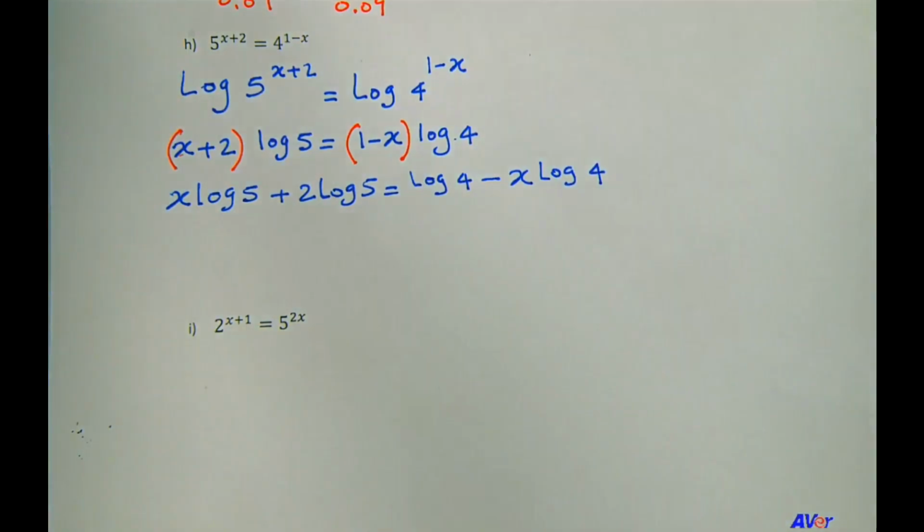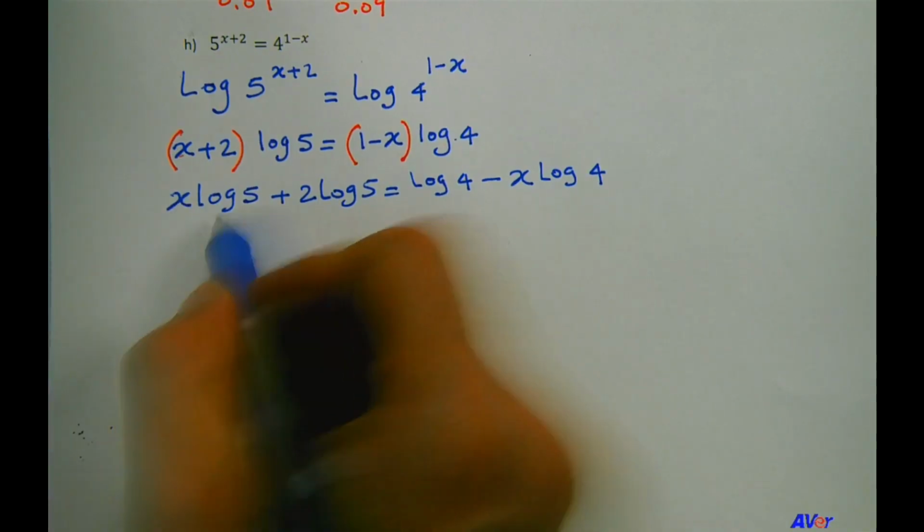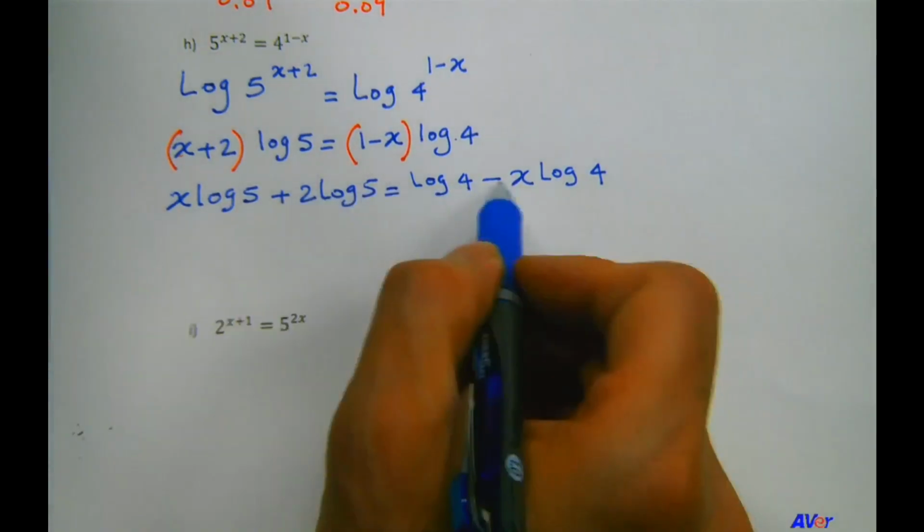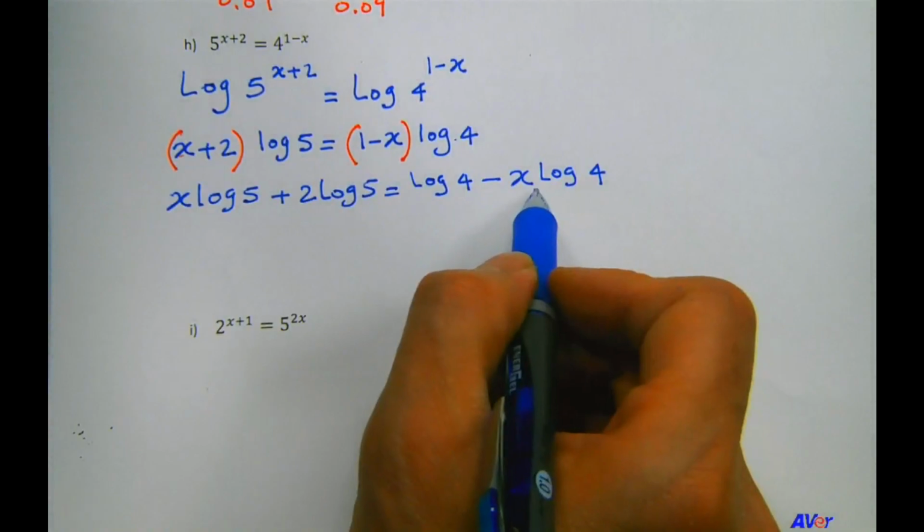Okay, so now we're solving for x, but how many terms do we have with this variable that we're solving for? Is it 1 term? Is it just this? No, there's another term on this side with x in it. And we're solving for x, and it appears in 2 spots, not 1.